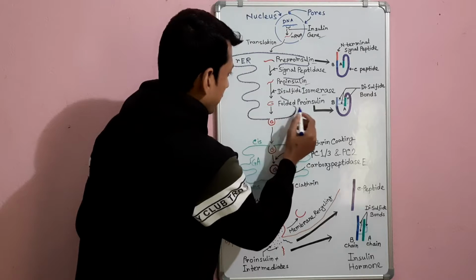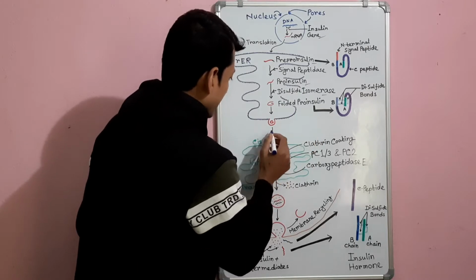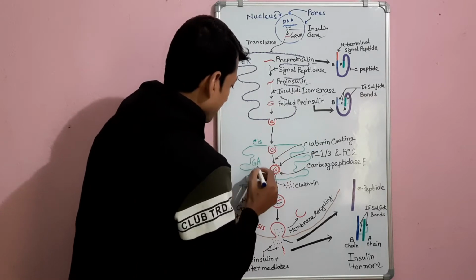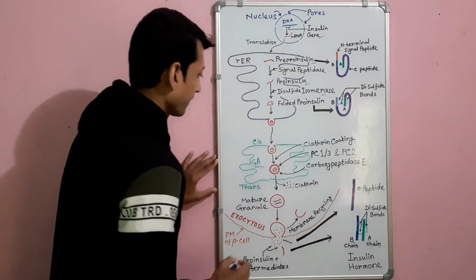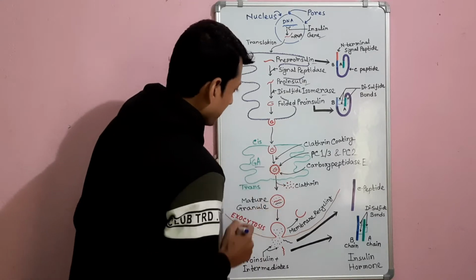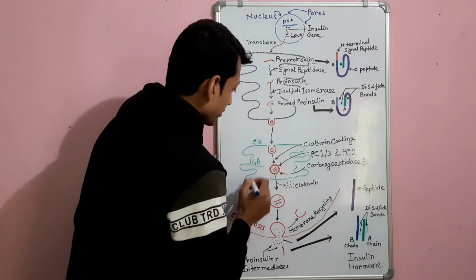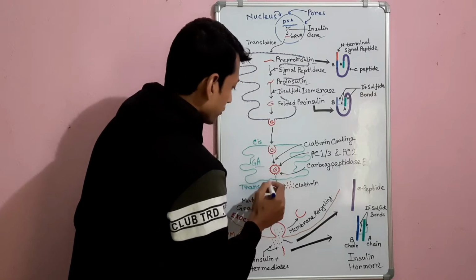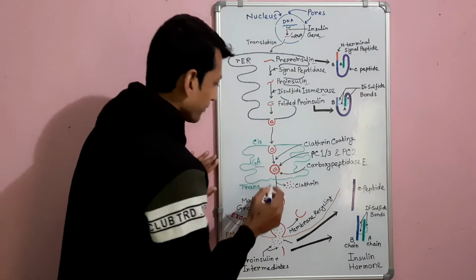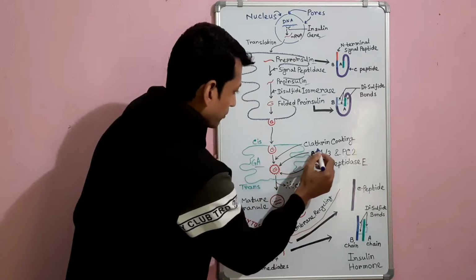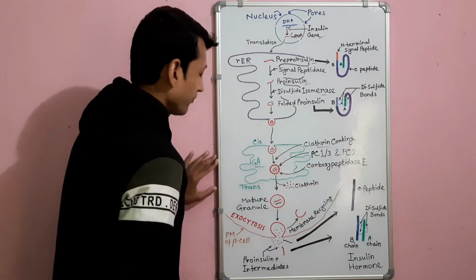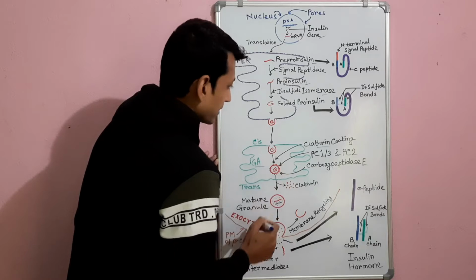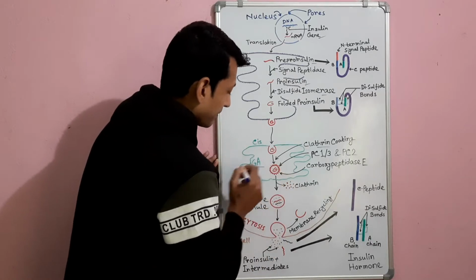Now, the folded proinsulin is transferred to the cis region of the Golgi apparatus. Within the Golgi apparatus, the folded proinsulin gets packaged into a granule. The granule is coated with clathrin molecule. During packaging, some enzymes also get packaged.